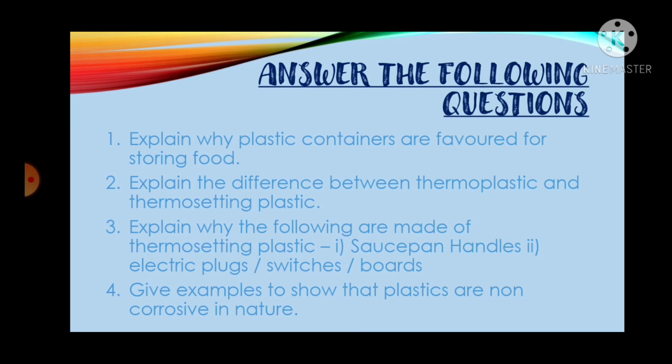Hence, the food stored in plastic containers does not get spoiled as they do not react with food stored in them. The other properties of plastic, such as they are lightweight, less expensive, strong, and easy to handle, make them most convenient for storing food items, water, pickle, milk, dry food, etc.